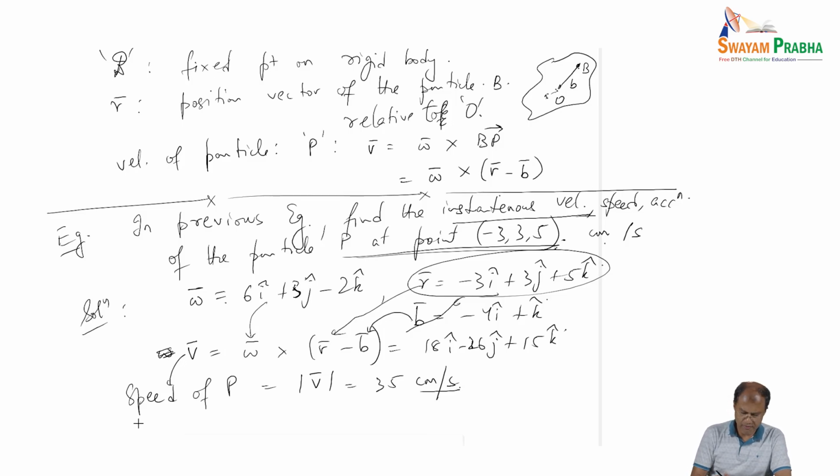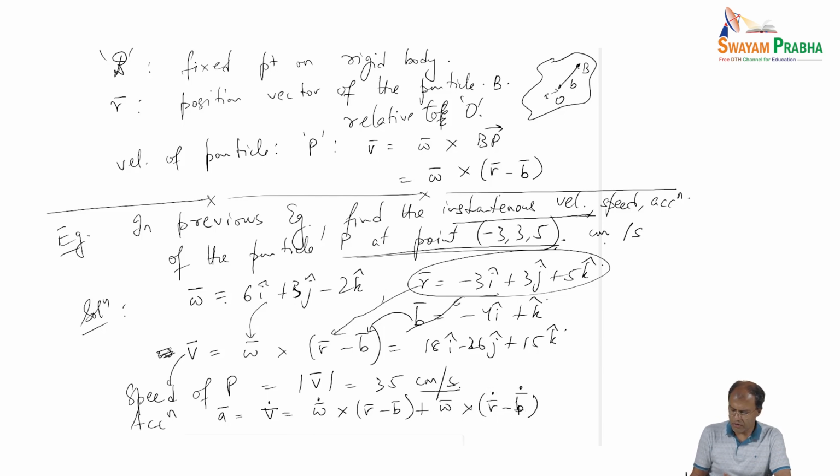Then if we want to find the acceleration a of the particle, it is v dot, and this is also equal to omega dot cross (r minus b) plus omega cross (r minus b) dot.